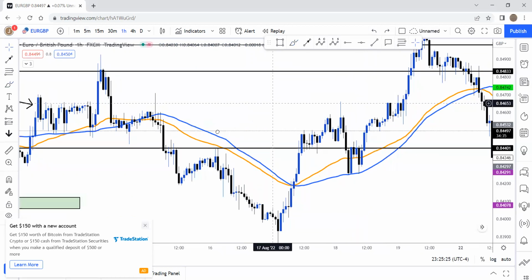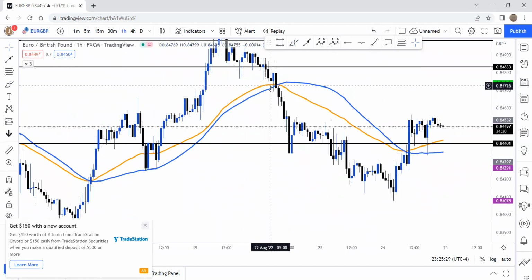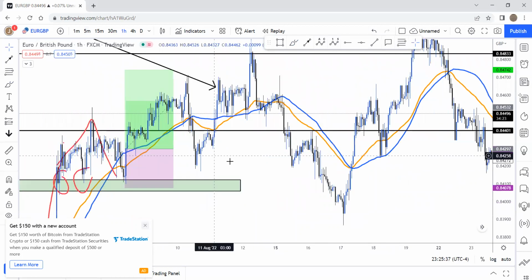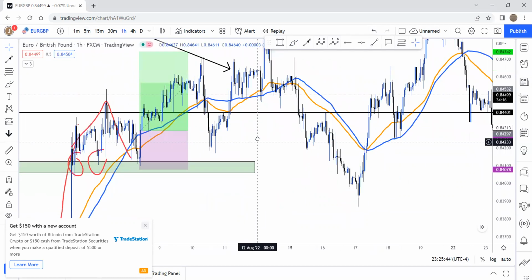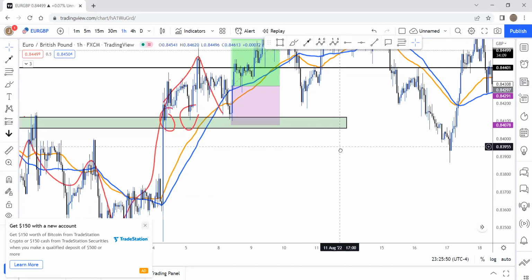But to each his own. The line moves a little faster, so you're able to get in trades faster and better. Because keep in mind, EMAs lag. It's based on past price action.